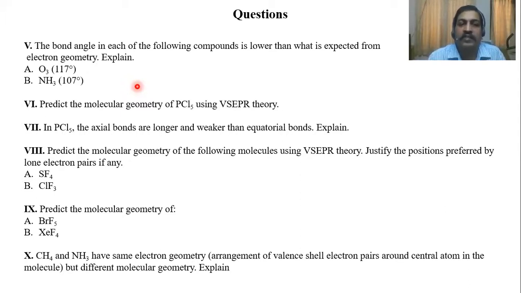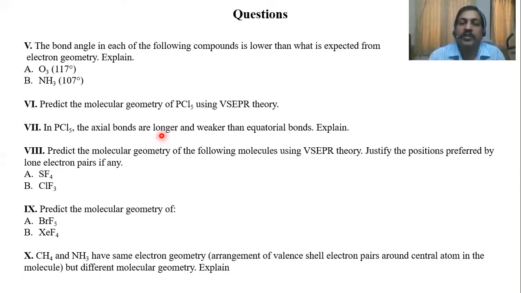The next question is, in phosphorus pentachloride, axial bonds are longer and weaker than equatorial bonds. Explain. If you have understood the molecular geometry of phosphorus pentachloride, and if you know the bond angles, then you will be able to answer this question.